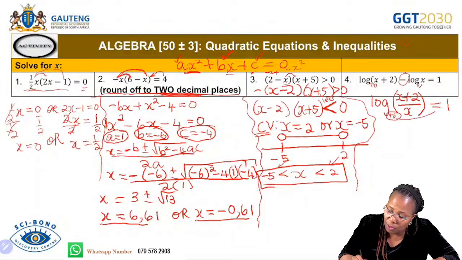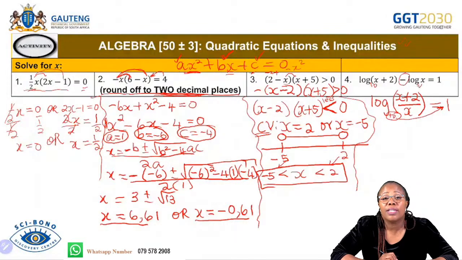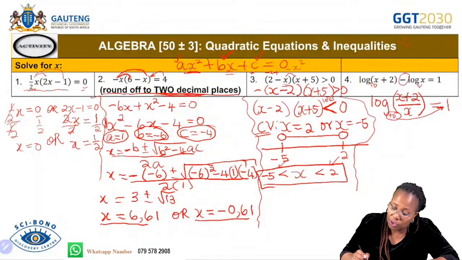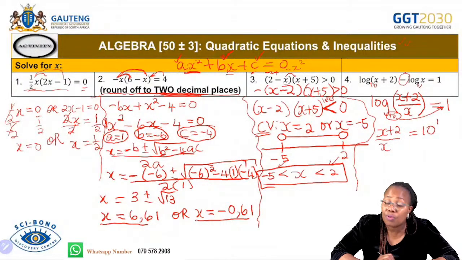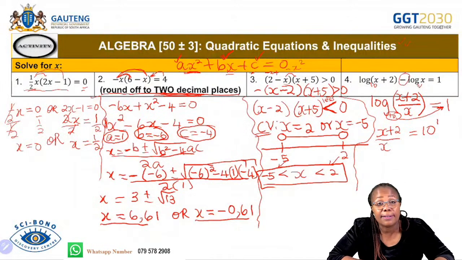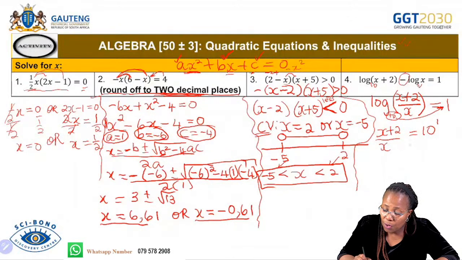This 10 will go this side, and then kick that one up to the exponent. So on the left, we will be only left with our bracket x plus 2 over x. And then on the right hand side, we end up with 10 to the power 1, which is still a 10. And then now we cross multiply this x to that 10 and then 1 to that 1.